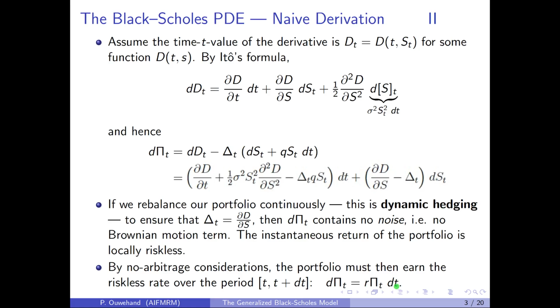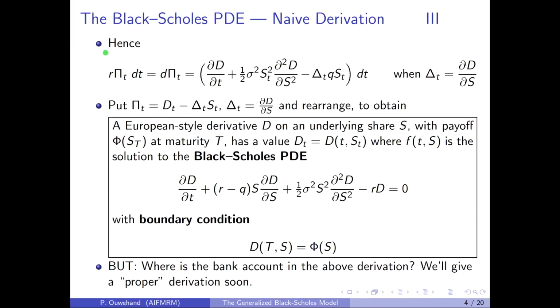So when the portfolio is locally riskless, i.e. when delta is equal to partial D by partial S, we have two expressions for dPi. On the one hand, dPi is equal to this term here, because this term here disappears. And on the other hand, it's equal to r times Pi times dt. Thus we have the following equation.